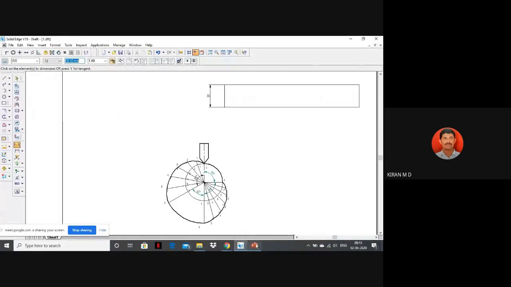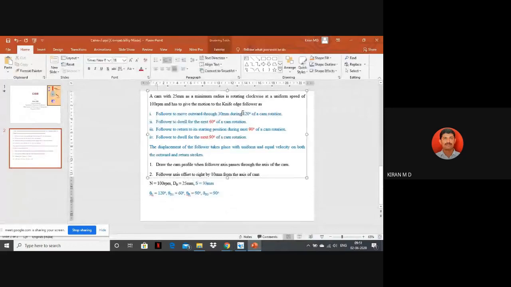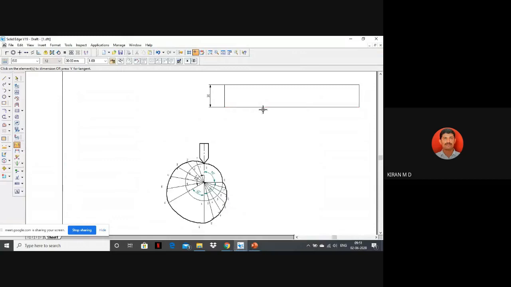The first is the lift, which is 120 degrees. What length should we take for 120 degrees? We have considered 2 degrees equal to 1 mm, so use a 60 mm length for theta L. Once again, I will draw the line; otherwise we can take the curve also. Just mark here and draw the 60 mm.